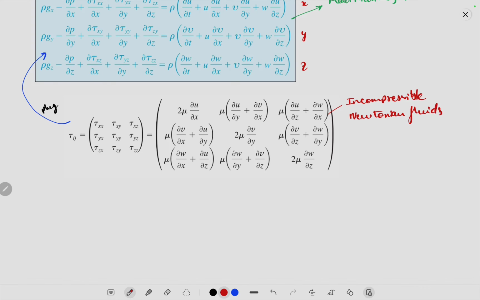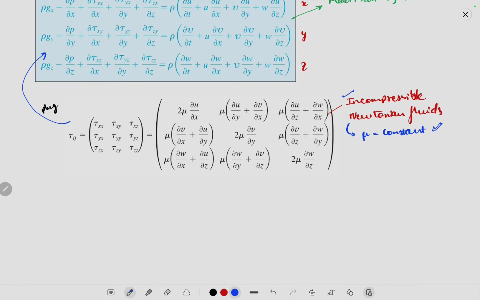Since we know that for Newtonian fluids viscosity is constant, this equation is true for incompressible and constant viscosity fluids, the fluids whose viscosity does not change as a function of the applied shear stress.